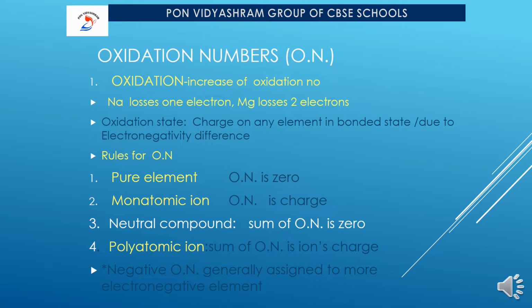So, for a pure element the oxidation number will be 0, whereas for a monoatomic ion, the charge of the element is its oxidation number, whatever charge that element is having.